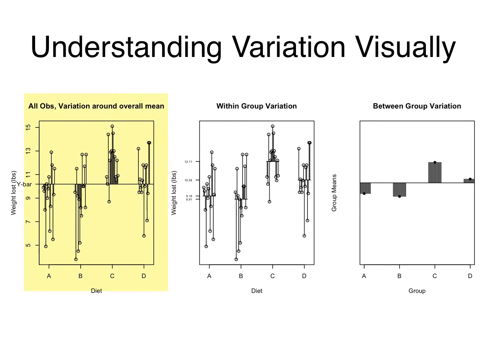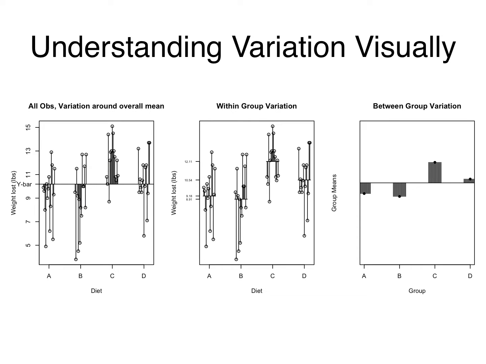So let's first discuss the plot on the left. This shows the total variation of all observed values from each of the four groups around the grand or overall mean. This shows us individual observed values and how they vary around the grand mean, which I mentioned is the average of all of the individual observations in all of the groups.